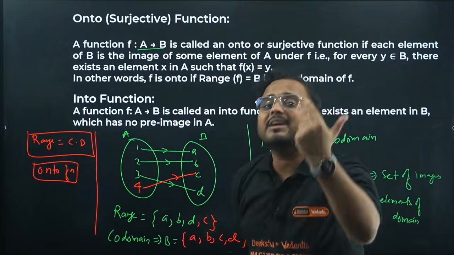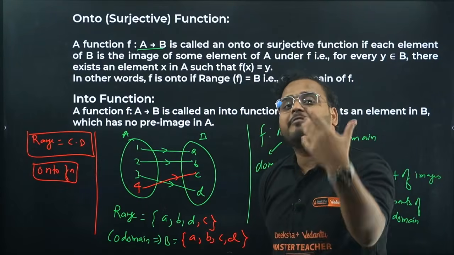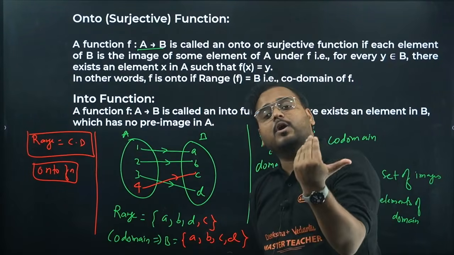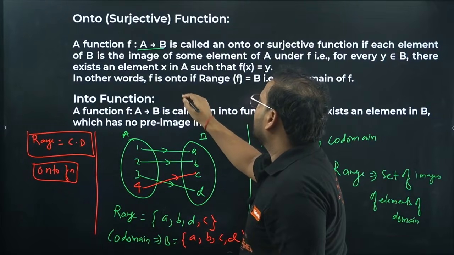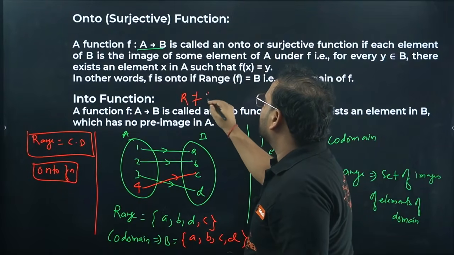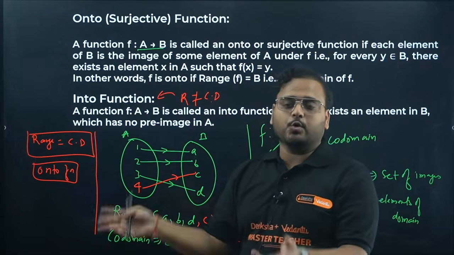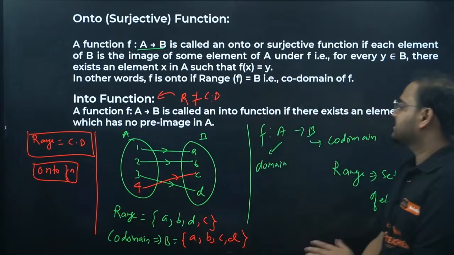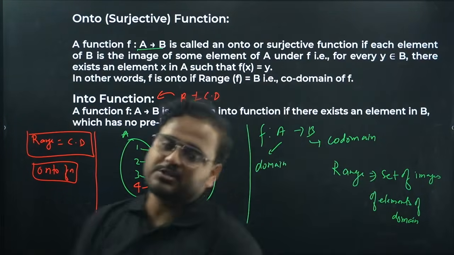Whenever you have an element like that in codomain, that type of function is called an into function. So basically, if your range is not equal to codomain, it is an into function. If it is equal, then onto. Not equal, then into. As simple as that. I hope this is very much clear.